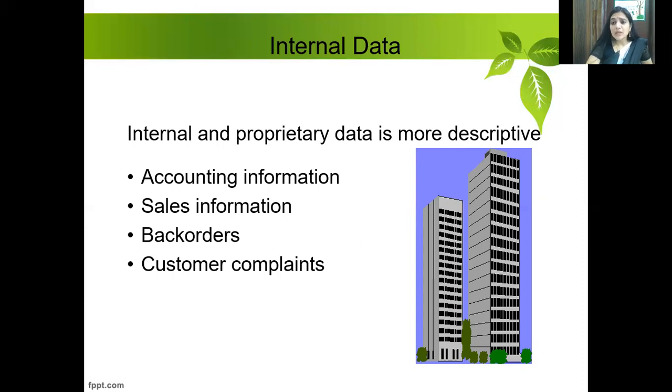Then sales information will show you how your sales is going on. Then back orders will show you what kind of customers are placing orders with you, or maybe about your own inventory as well. Then customer complaints would help in understanding the liking of the product, whether customers are liking the product or not, and what kind of features are not liked by the customers, because we are talking about complaints.